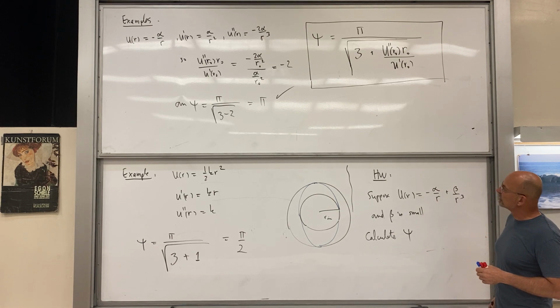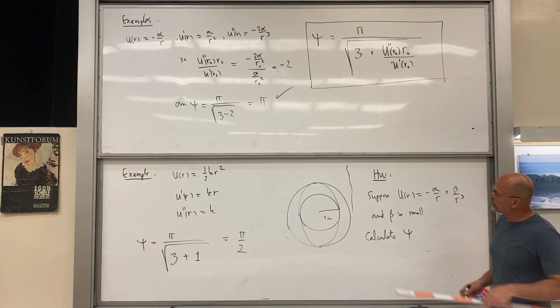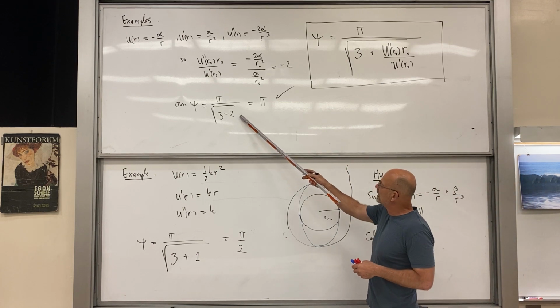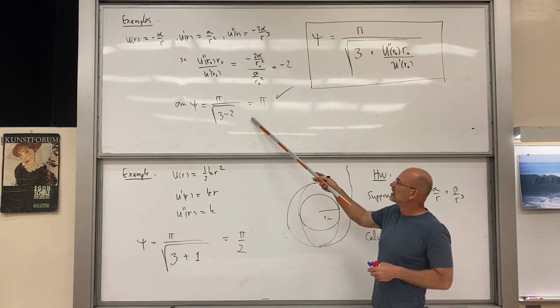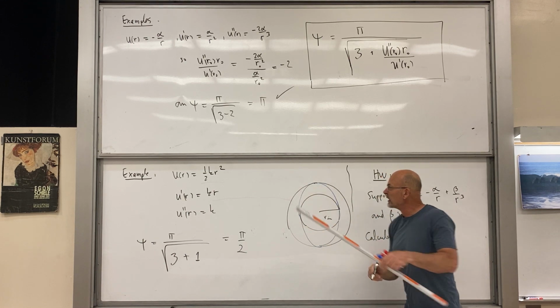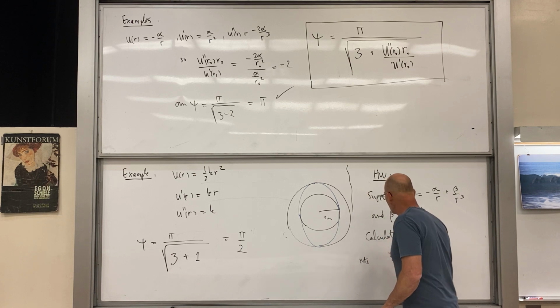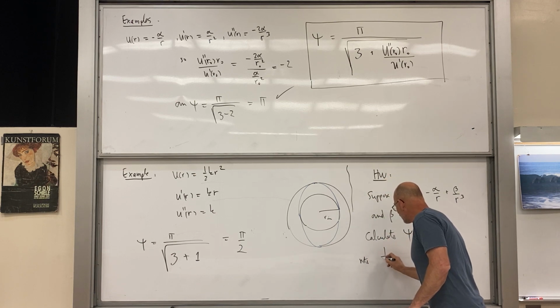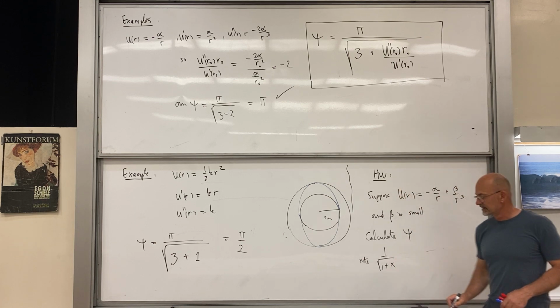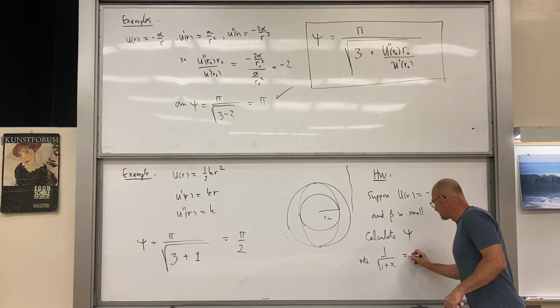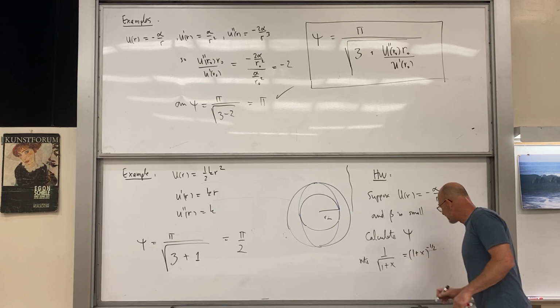So it's going to be very interesting. You're going to end up with this 3 minus 2 plus something small, and so I'll just put your note. When you have 1 over the square root of 1 plus x, that is 1 plus x to the minus 1/2.